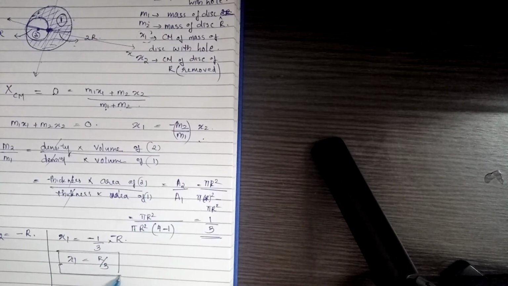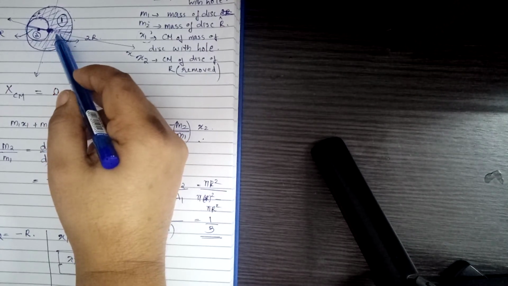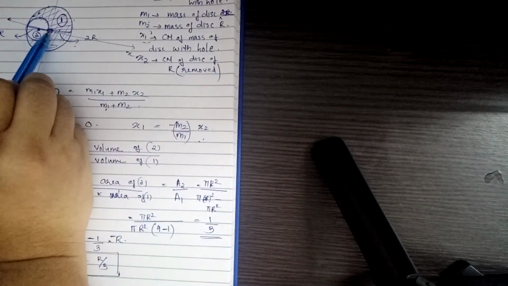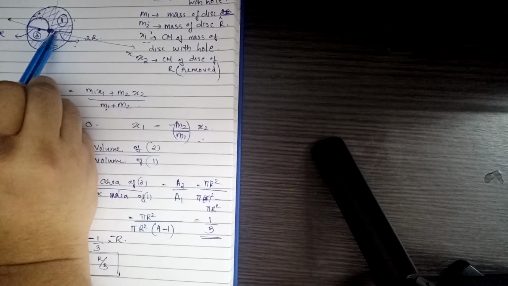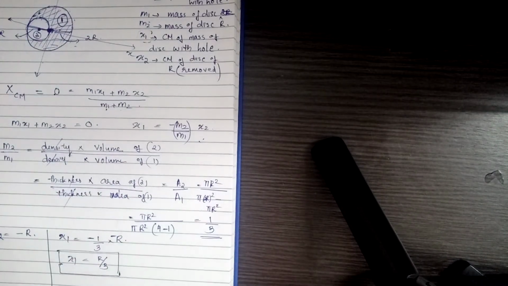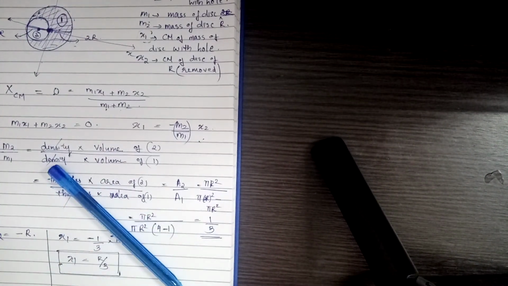That means the center of mass of this disk with a hole lies at r by 3 towards the right from the origin. So somewhere over here we'll get the center of mass. Hope you understood this problem. Okay, thank you.